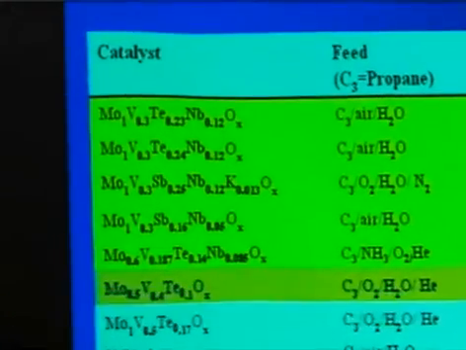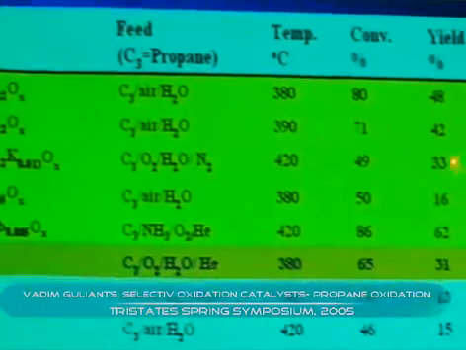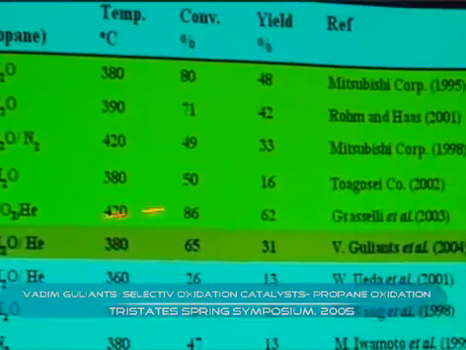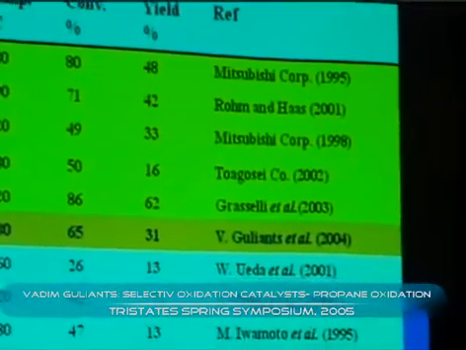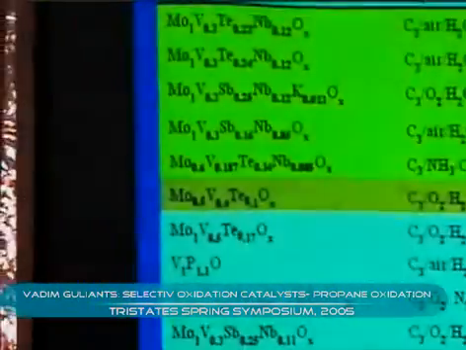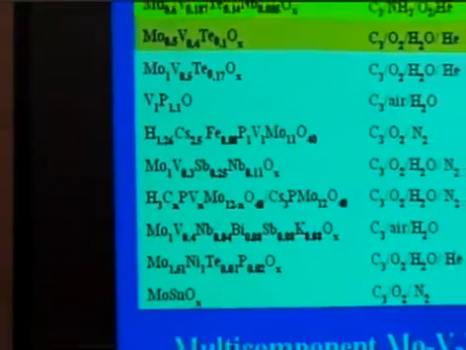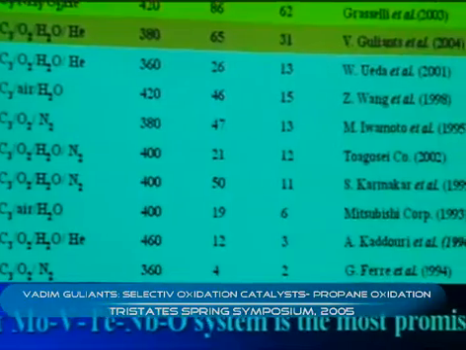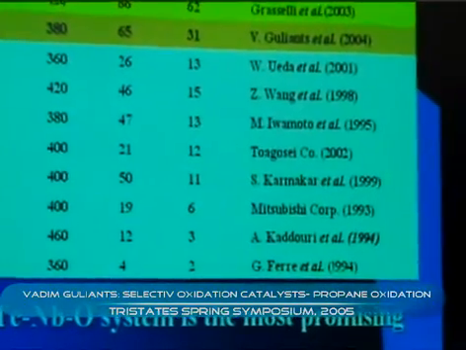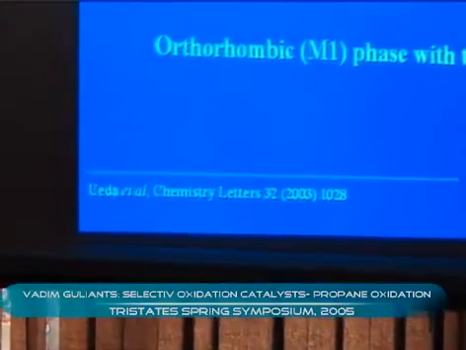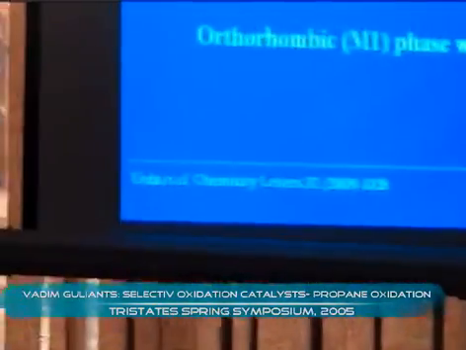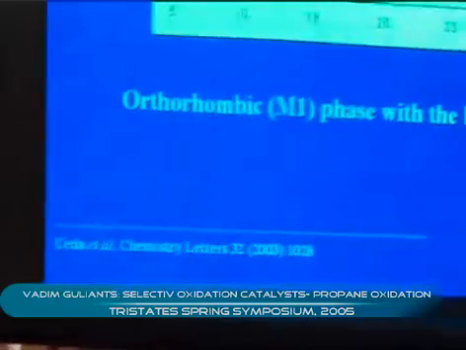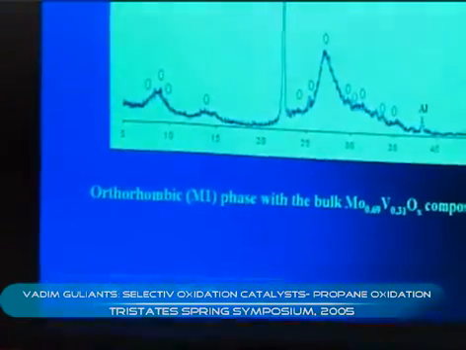In oxidation of propane, one of the highest yields observed is close to 60% for research samples, and yields for acrylic acid lag behind, typically below 50%. In particular, the M1 phase, which I will show you again in one of the next slides, was associated with activity and selectivity of these catalysts in propane oxidation.